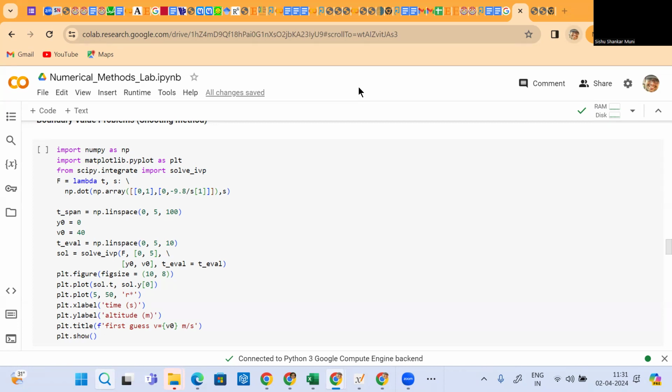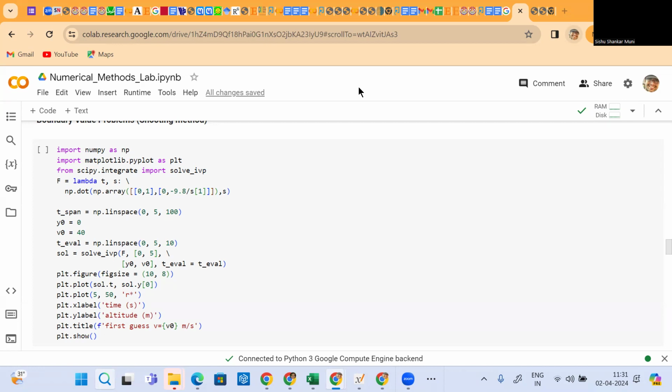So this is from the last class again. Solve IVP function, solve IVP f, which you have defined above. y naught and v naught you are specifying as initial condition argument. t you are specifying the array 0 to 5 of 10 steps.